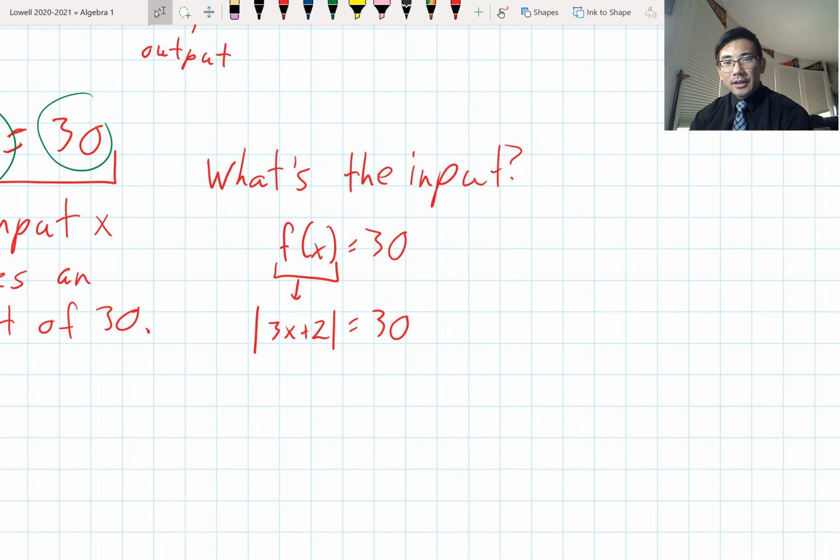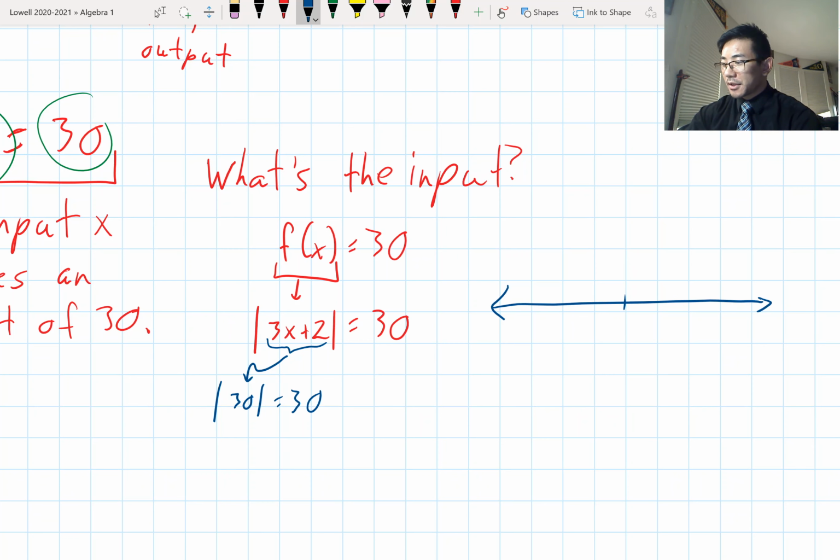But if the absolute value of this inside here is 30, then the thing inside must be 30. Here's what I mean. The absolute value of 30 is equal to 30. But that's not the only number whose absolute value is 30. Because here's 0. If you go 30 units to the right, then you'll end up at 30. But remember, absolute value is just the overall distance, doesn't care which direction you go.